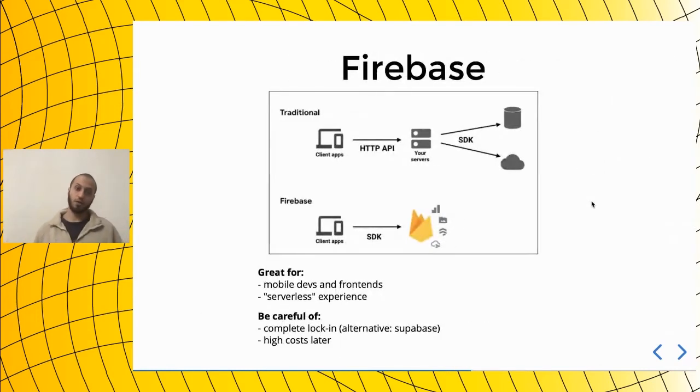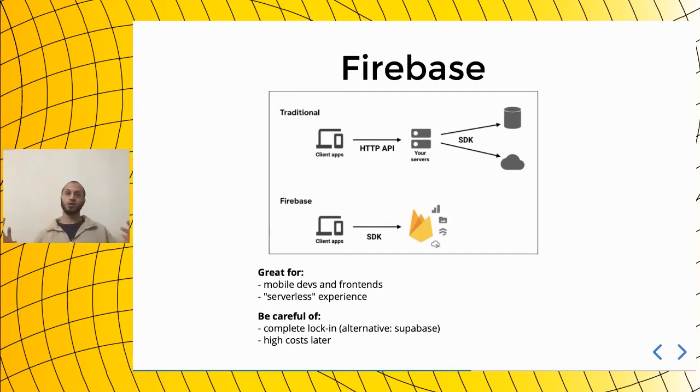Up next is Firebase. When Firebase started, it was mainly a real-time database. It offered you a real-time database called Firestore for your apps and the client to talk to.